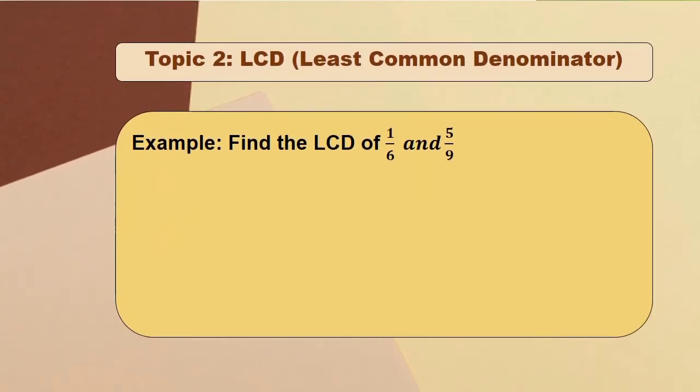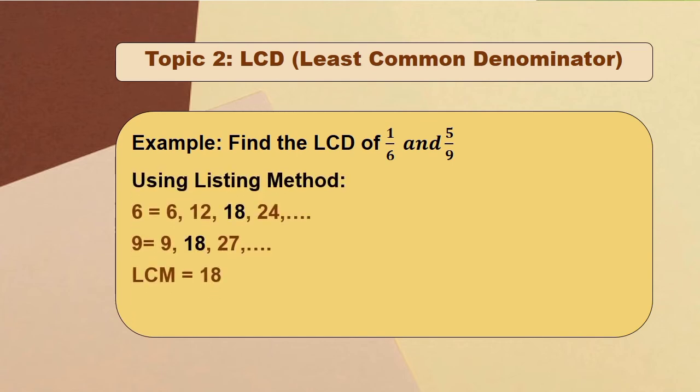For example, find the LCD of 1/6 and 5/9. The two denominators of these fractions are 6 and 9. Let's use the same steps in getting the LCD using listing method.